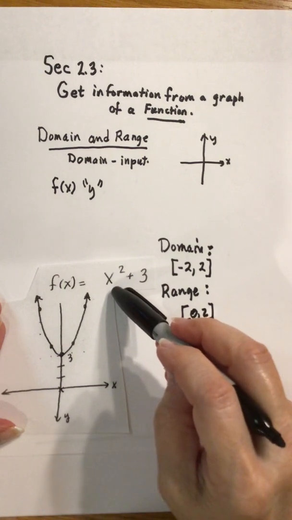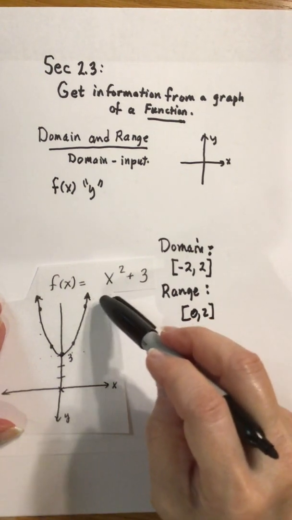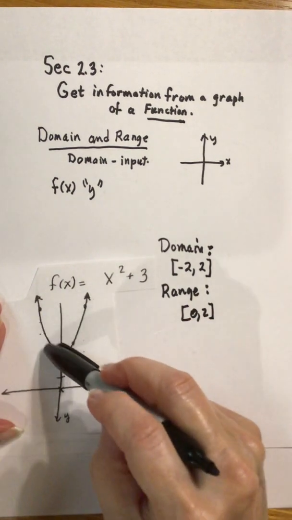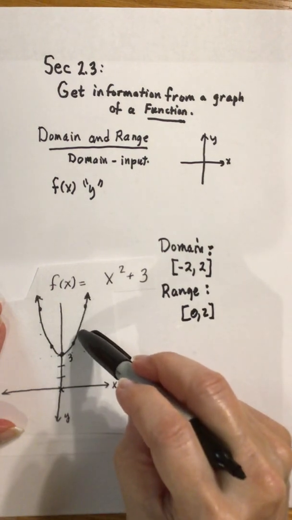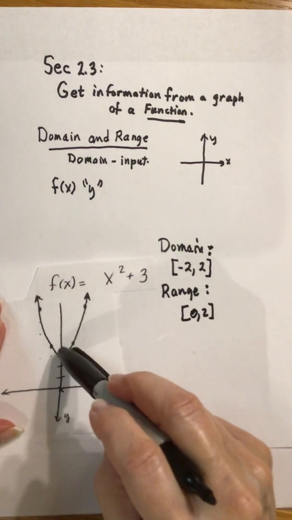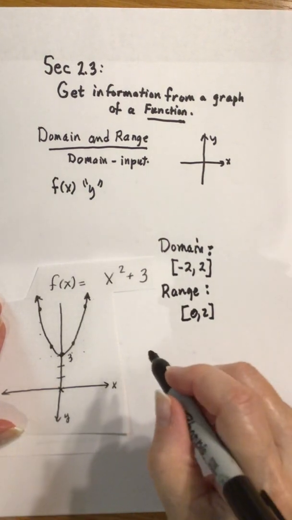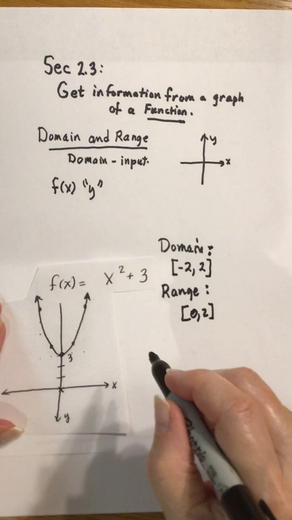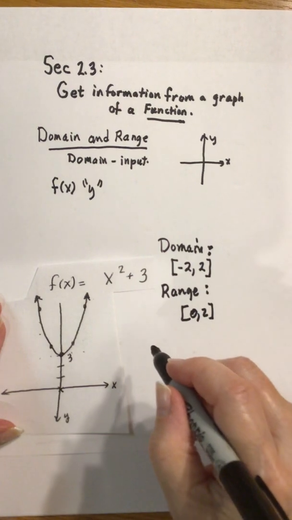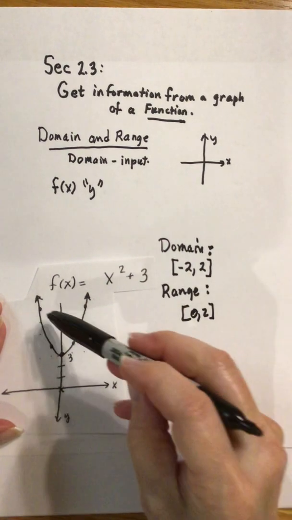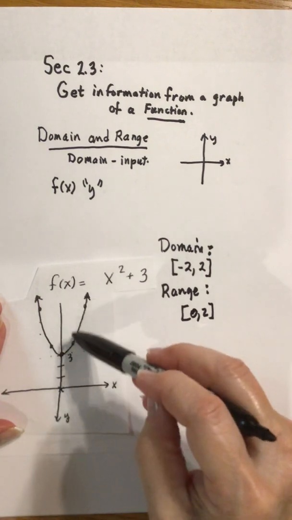So what do we know about x squared? X squared is graphing a parabola, so that's what this is. This is a parabola. So the lowest this parabola goes is this point right here. So we know that we're going to consider domain and range now by looking at the graph. It said get information from a graph of the function. We know it's a function because for every vertical line it only crosses in one spot.